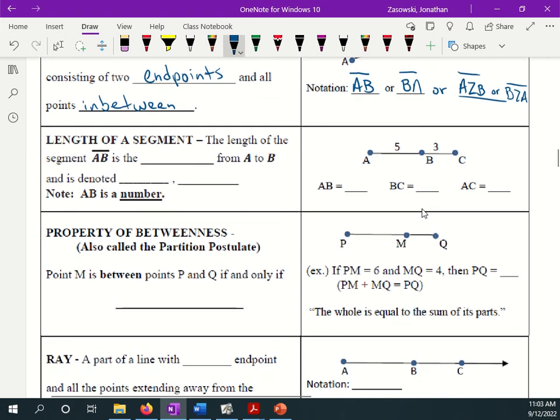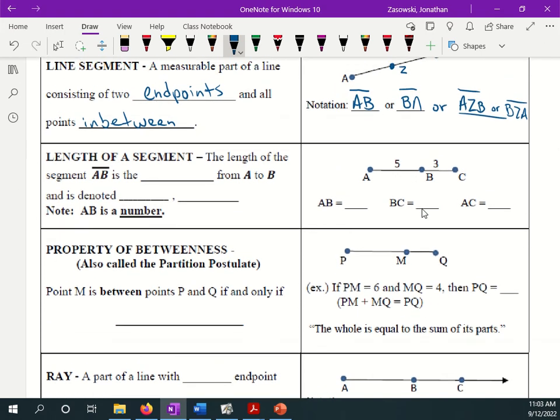All right, the length of a segment. The length of segment AB is the distance from A to B. It is denoted as either AB with nothing on top of it, no hat.